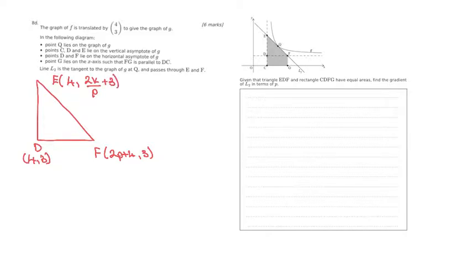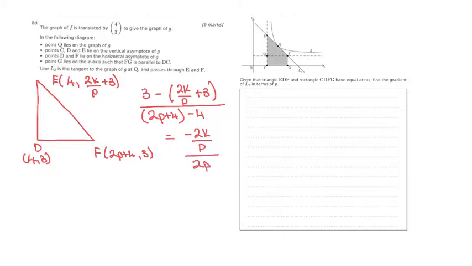Therefore, finding the gradient of the line L2, we get 3 minus 2k over p plus 3, all over 2p plus 4 minus 4, which is equal to minus 2k over p, all over 2p, which is equal to minus 2k over p times 1 over 2p, which is equal to minus 2k over 2p squared, which is equal to minus k over p squared.